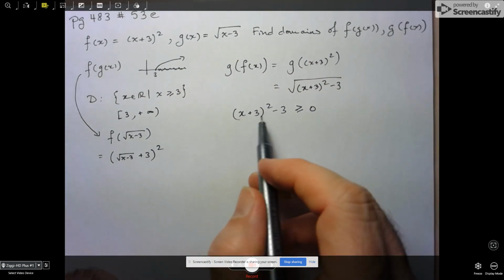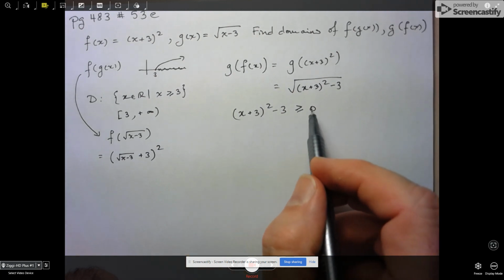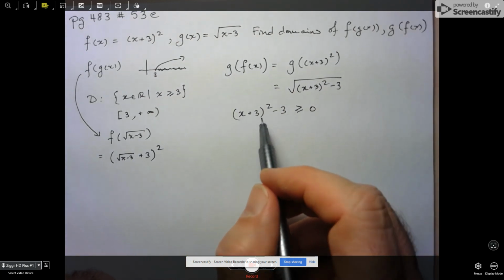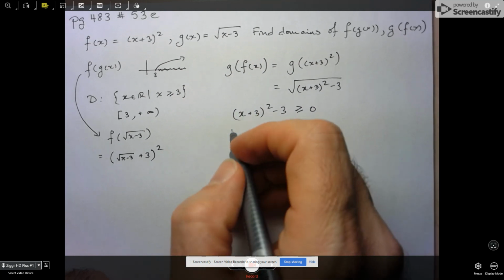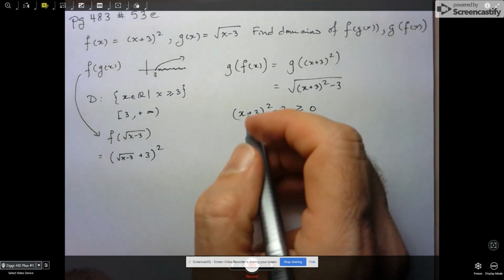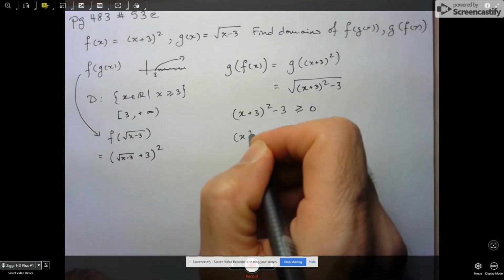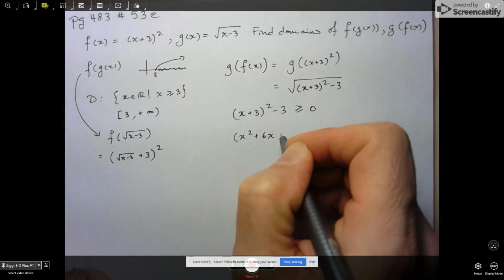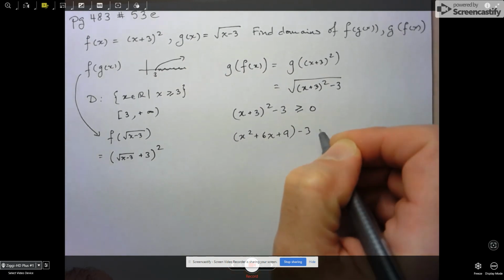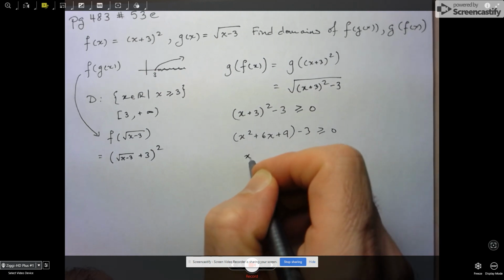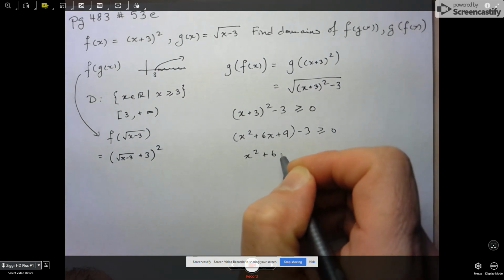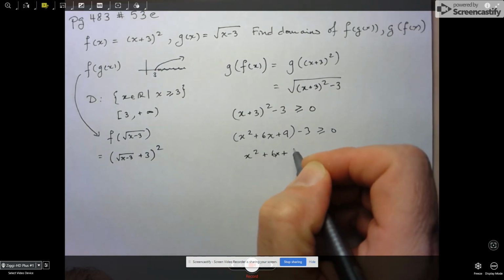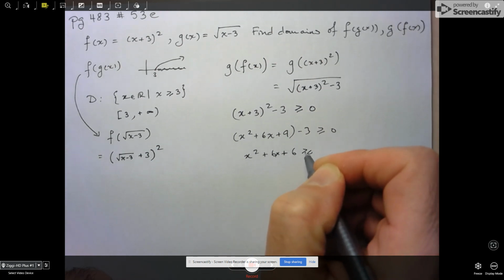This is just a polynomial inequality. We already have 0 on the other side, so let's just work with the left-hand side. I'll expand this binomial squared, so x squared plus 6x plus 9 minus 3 greater than or equal to 0, and this just becomes x squared plus 6x plus 6 greater than or equal to 0.